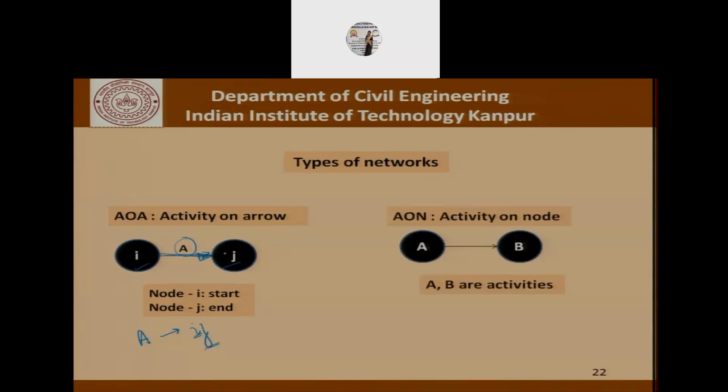On the contrary, we can have an activity on node kind of network, where A and B are represented as nodes, and there is an arrow in between which shows the dependence.